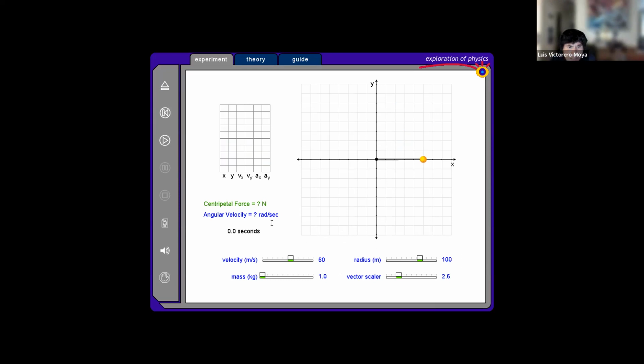The centripetal acceleration is v squared divided by r. So this will give me 36 meters per second squared. And that's good enough to have a mass moving at a rate that you can actually use to stop the motion there, or to pause the motion.